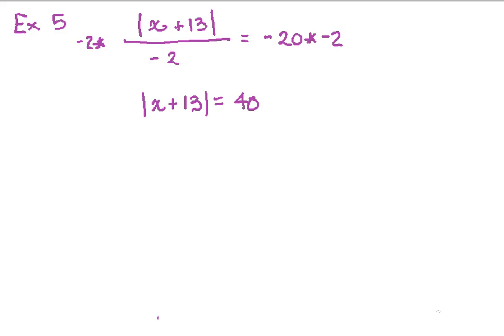And now I can go ahead and treat this just like I would any other absolute value problem. I'm going to have two solutions. I'm going to have x plus 13 is going to equal negative 40, and x plus 13 is going to equal positive 40. So I'm going to go ahead, subtract the 13.